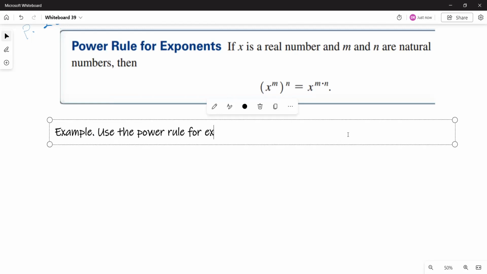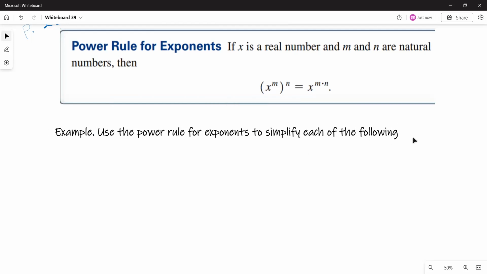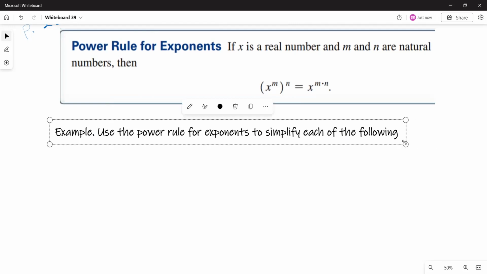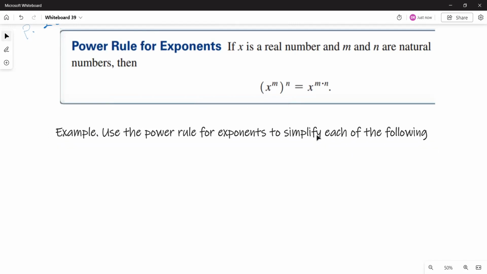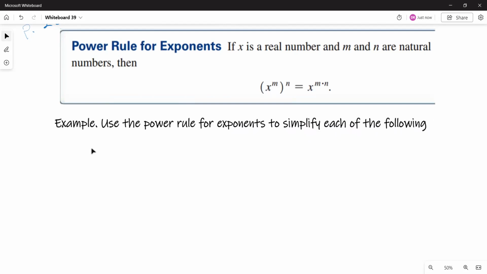Use the power rule for exponents to simplify each of the following. Number 1, three to the fourth power raised to the second power.